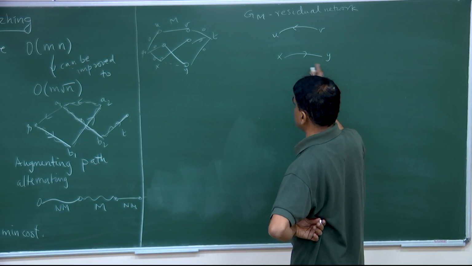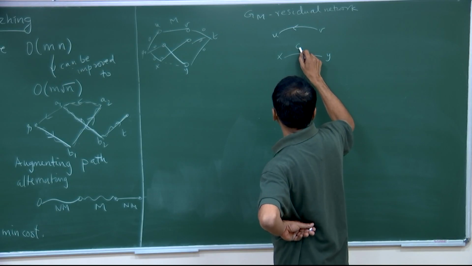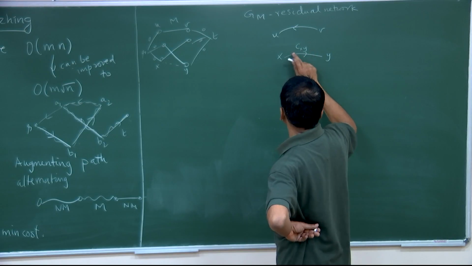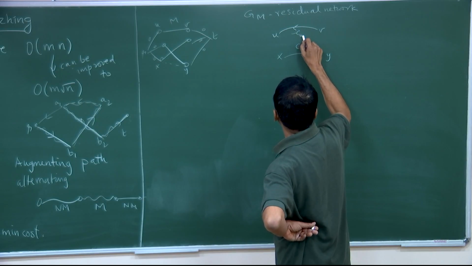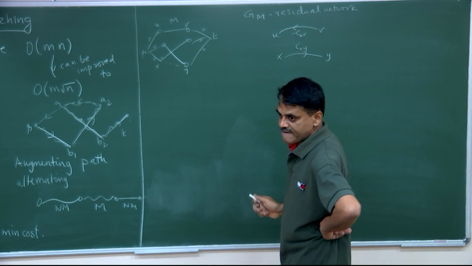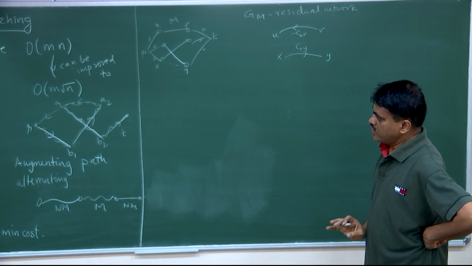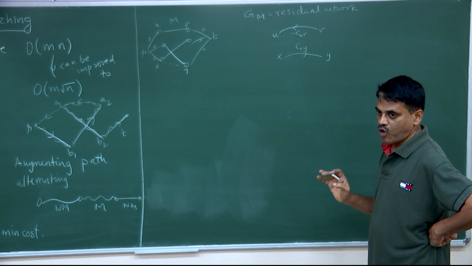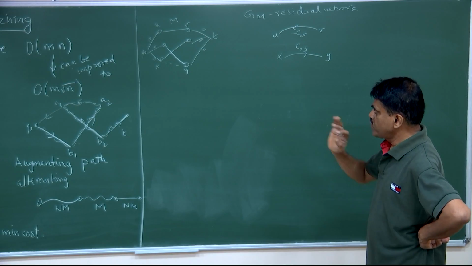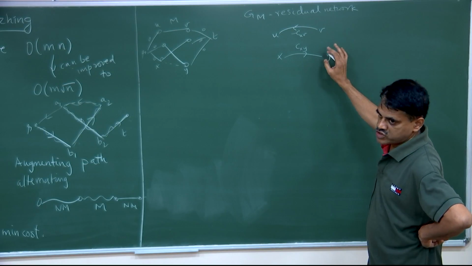If XY is a non-matching edge, then whatever that cost is, Cxy would be the cost of this edge. Here it will be minus Cuv because it's this edge going in this direction. Okay. So now you are dealing with a graph where edges have costs. In the same way, when I construct the residual network, I will have costs on the edges.